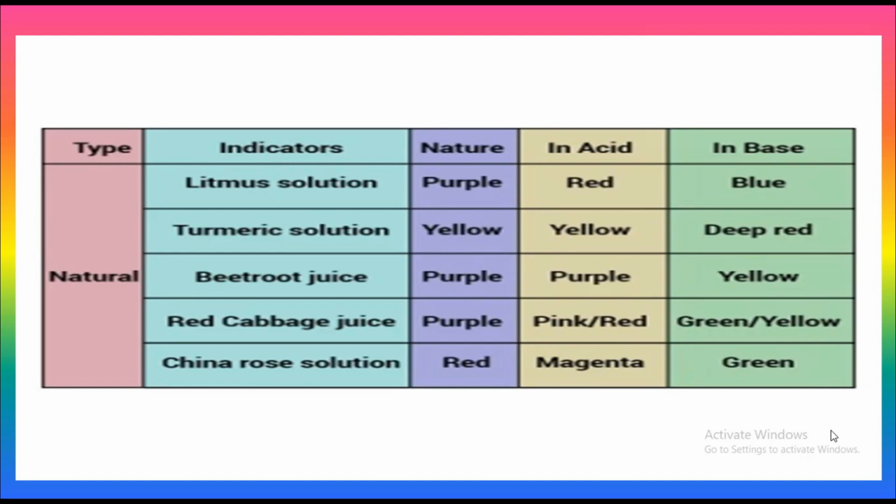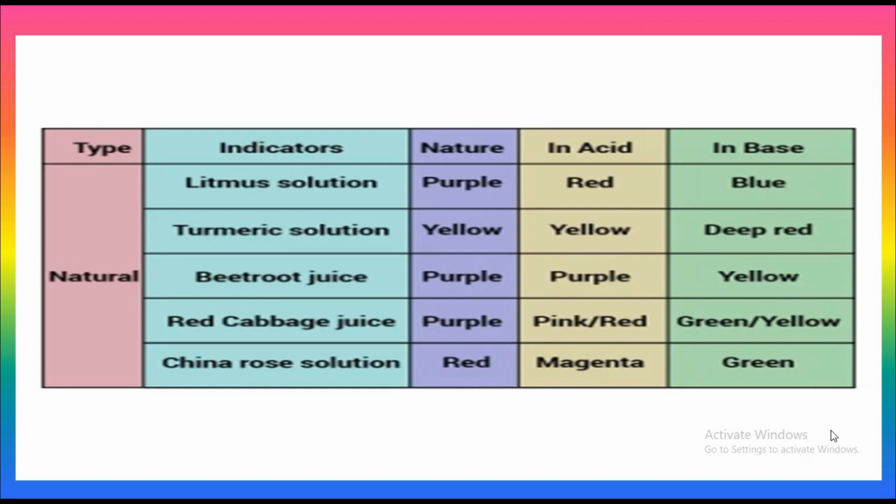When we use China rose solution as indicator, which is red in color, in acidic solution it gives magenta color, and in basic solution it turns into green color.